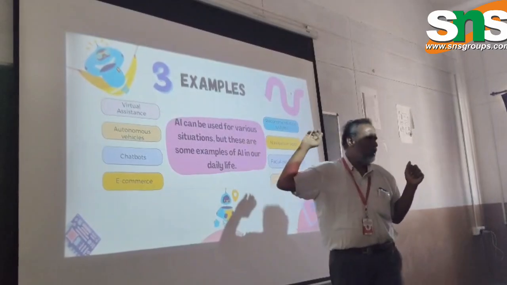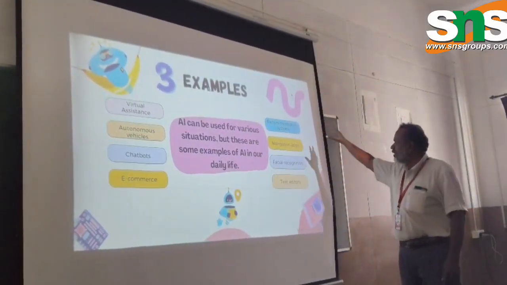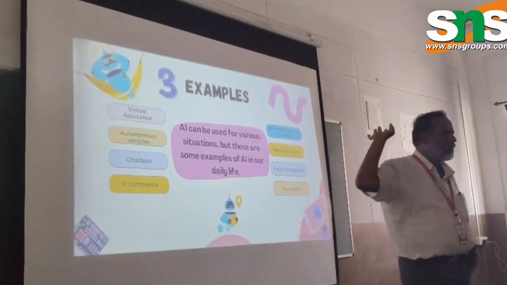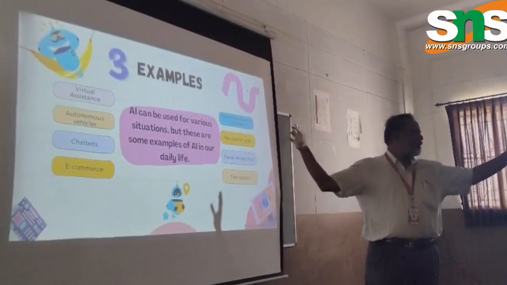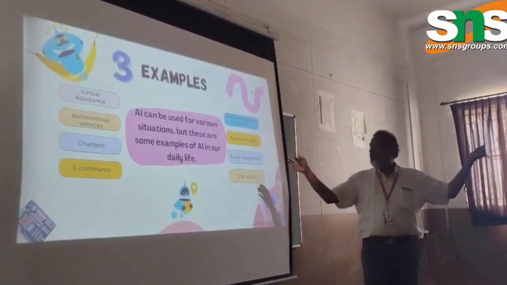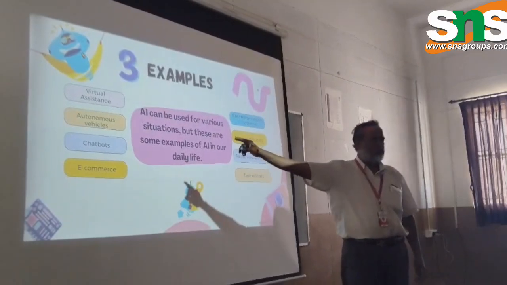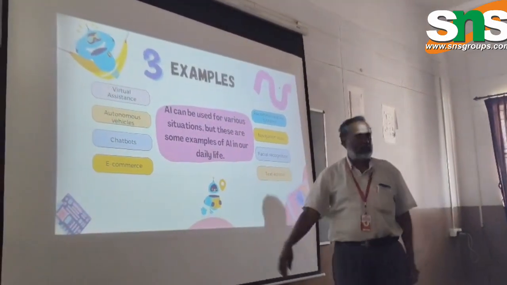Chatbots and e-commerce can be used in commercial fields. Also, the recommendation system: when you have trade marketing in a chart, you can invest and get a benefit. And navigation apps, similar to autonomous vehicles, use GPS.